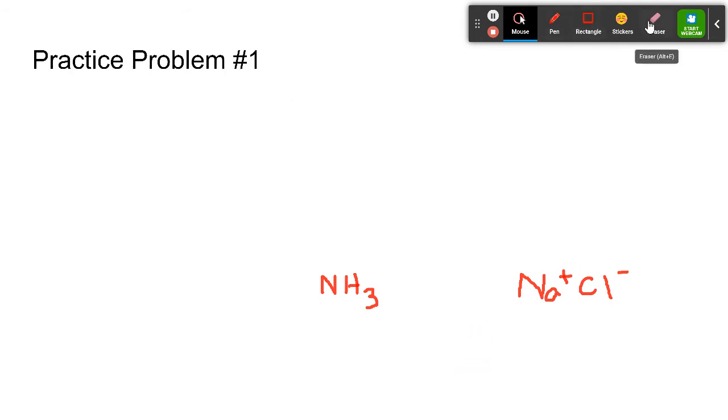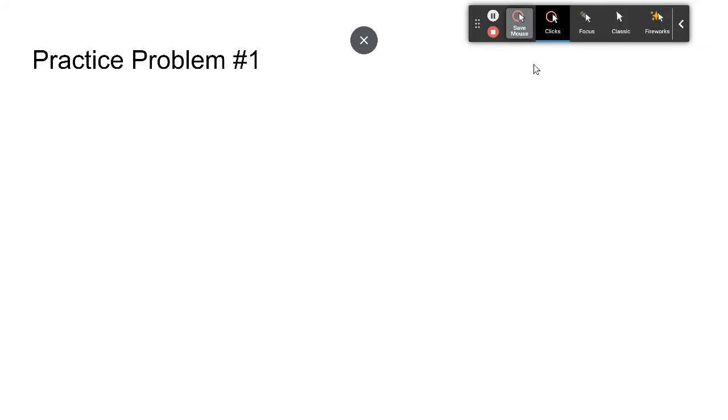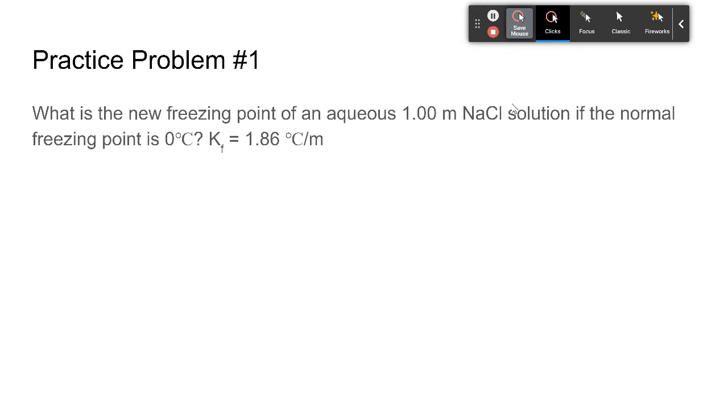All right, let us erase these, and we'll get into solving this question. So our first practice problem, I'll give you a second to see if you can try solving this one. The question is, what is the new freezing point of an aqueous 1 molality NaCl solution if the normal freezing point is 0 degrees Celsius?